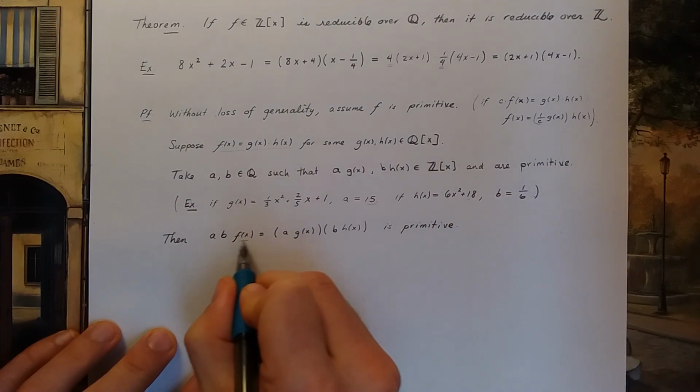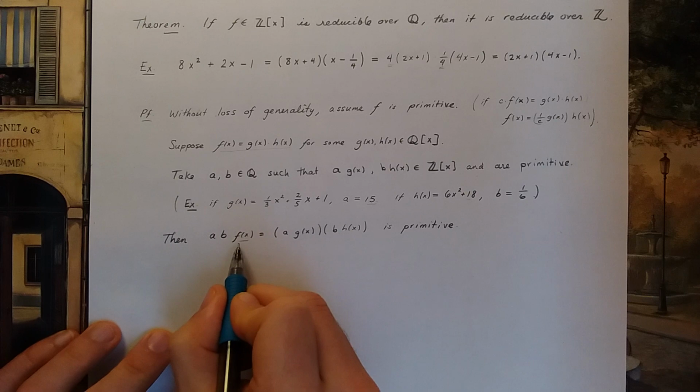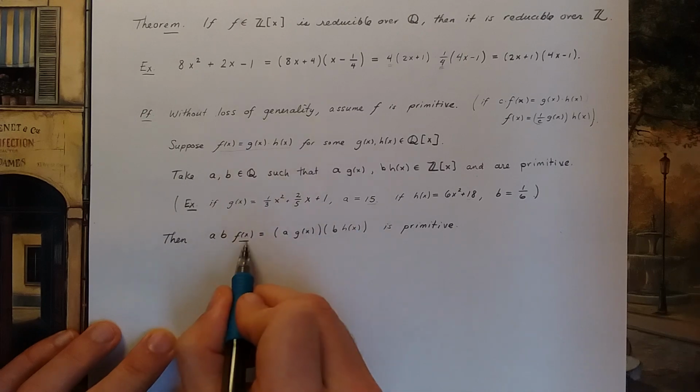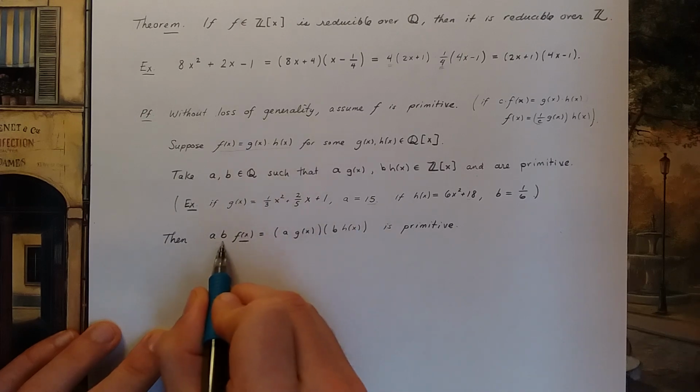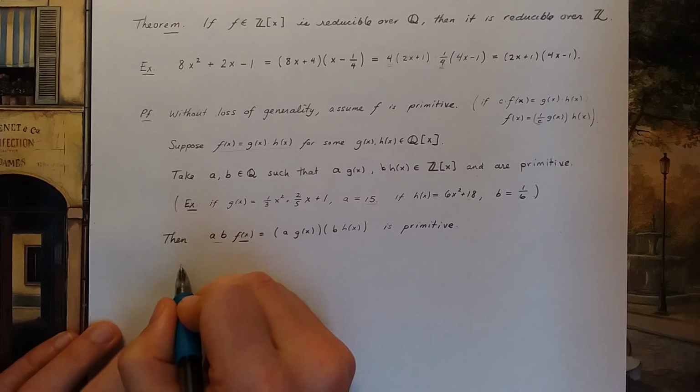f itself is primitive. That means the greatest common divisor of the coefficients of f is 1. And I'm taking every coefficient in f and multiplying by the constant a times b.